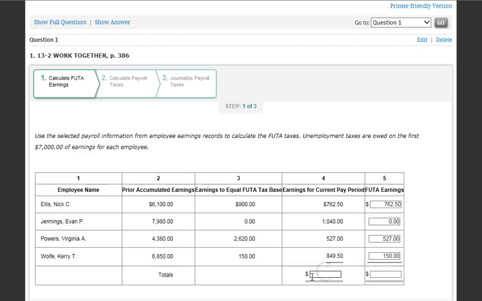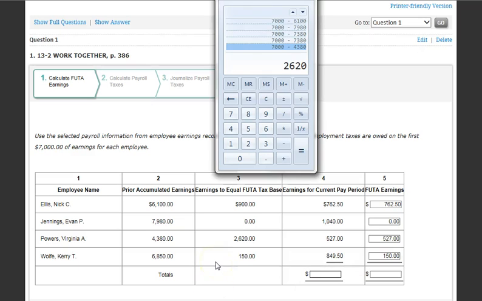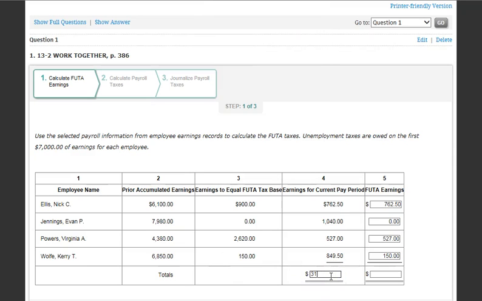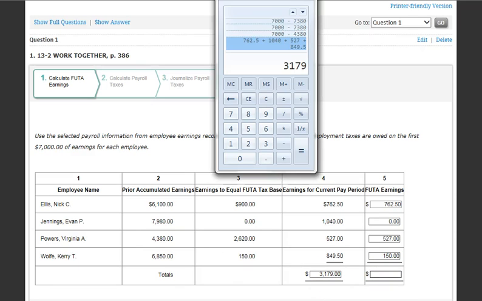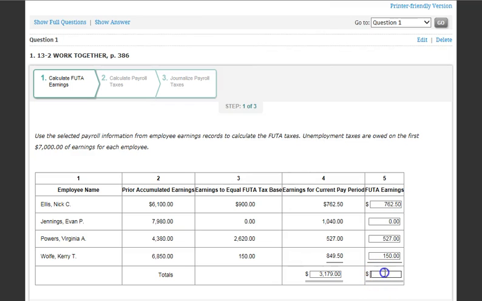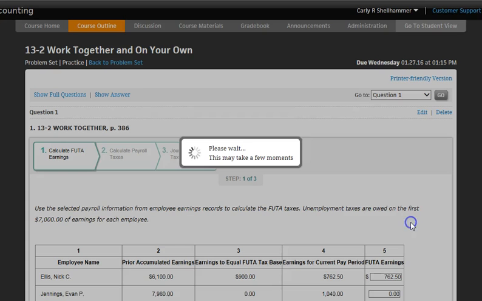And then we total the columns. 762.50. $3,179. Total it again. $1,439.50. There we go.